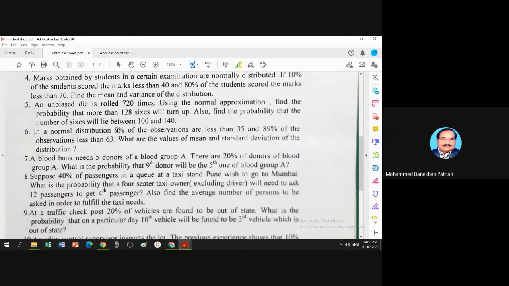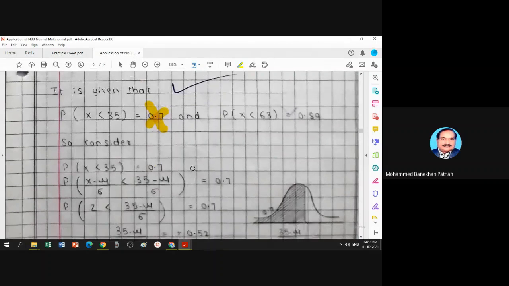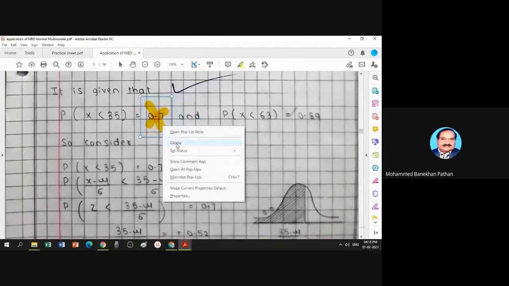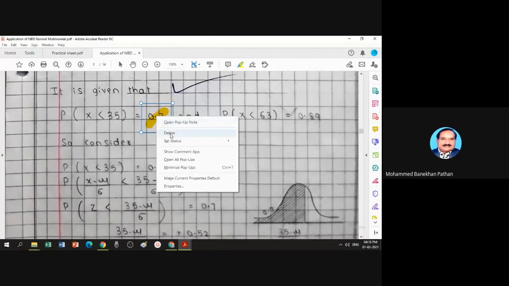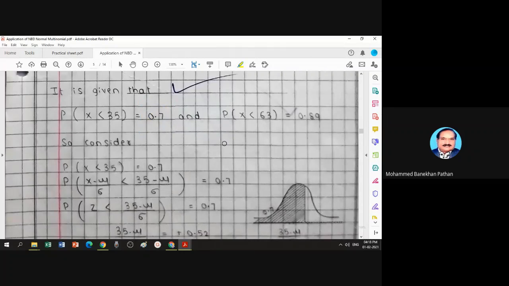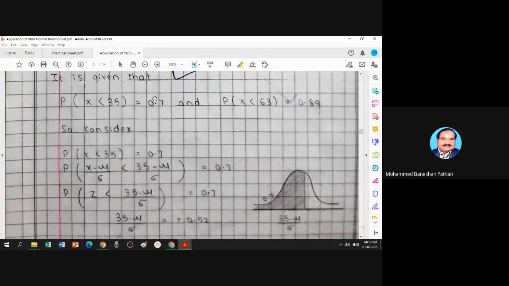Instead of 7%, you say here 70%. So I can delete this and make a change in the question itself, 70%. If I say 7%, it will be 0.07. It is a matter of value, but it is 70%, so this is carried.